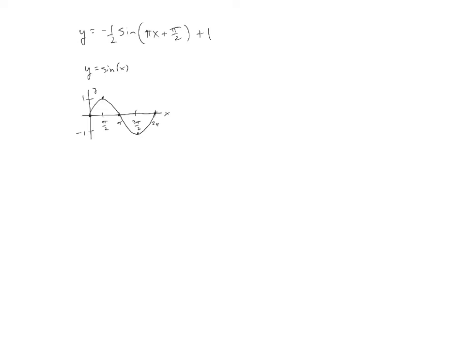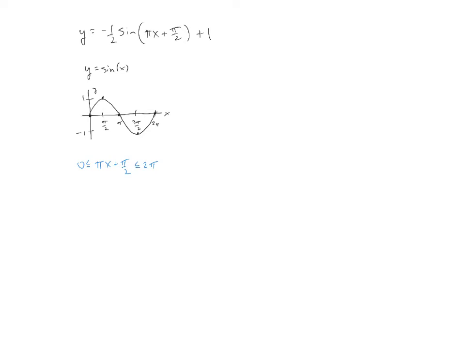Now, I'll go ahead and take the inside, which was pi x plus pi over 2, and I'm going to bound that between 0 and 2 pi. Again, I'm doing so because the original parent function had a fundamental cycle of 0 to 2 pi, and we need to adjust that now.